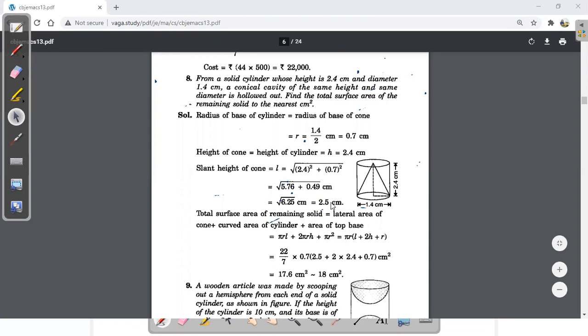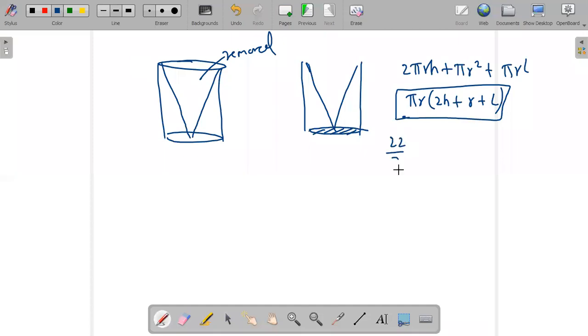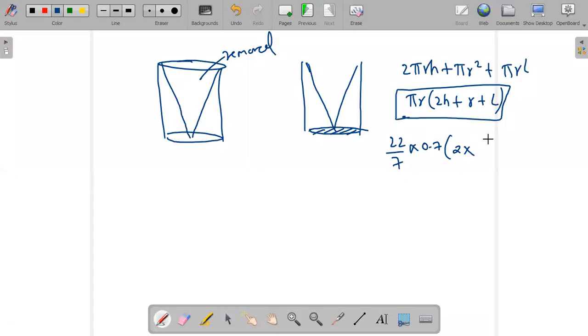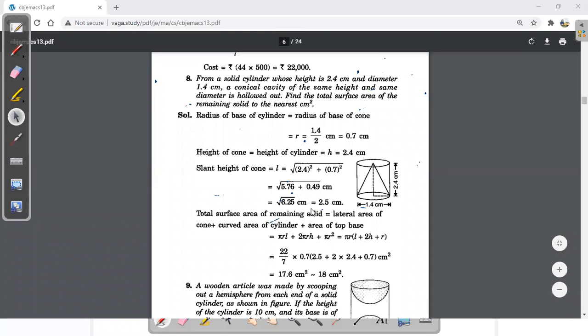Now we have all the values with us. So radius is 0.7. I can put that 22 by 7 into 0.7, twice of the height. Now what was the height? The height was given 2.4. 2.4 plus radius 0.7 plus slant height we just now calculated, L square is h square plus r square, so we've got 2.5.